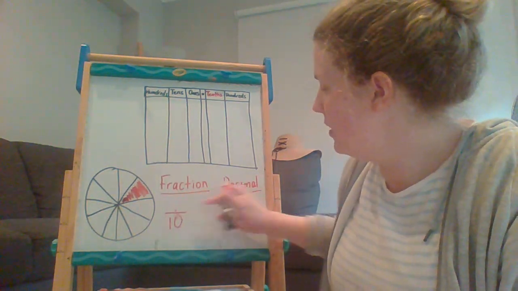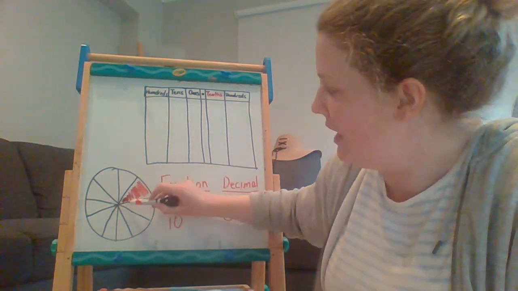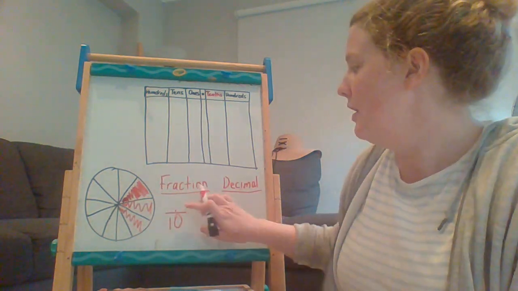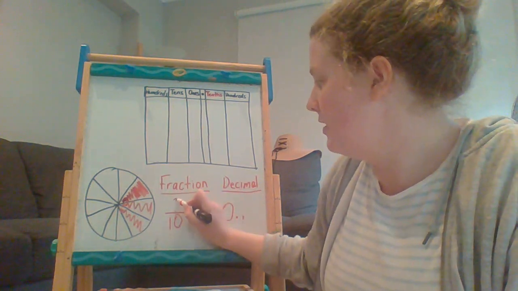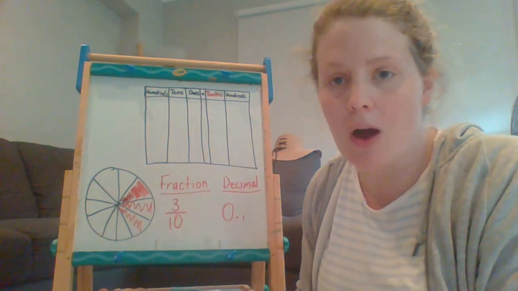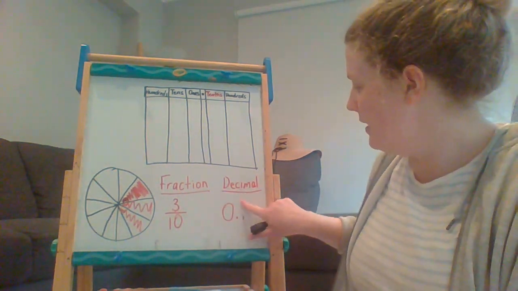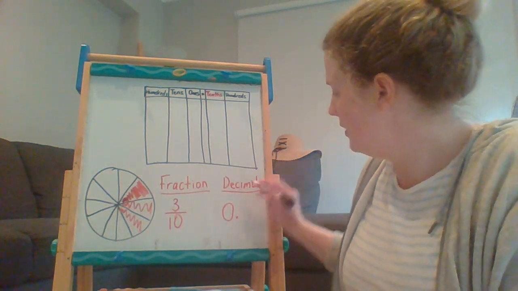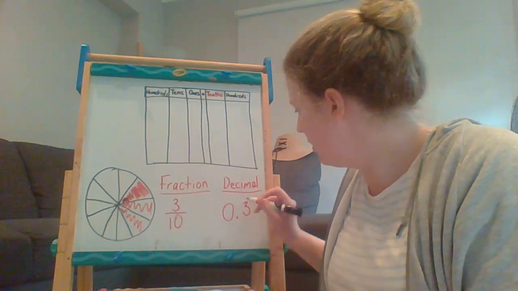If I was to eat 3 pieces of my pie, then I could say I ate 3/10 of my pie. And how I write it as a decimal is I would have a 0 and a point, 3.